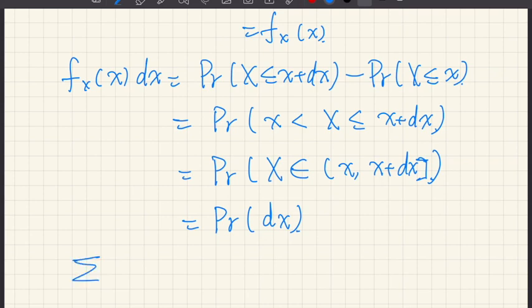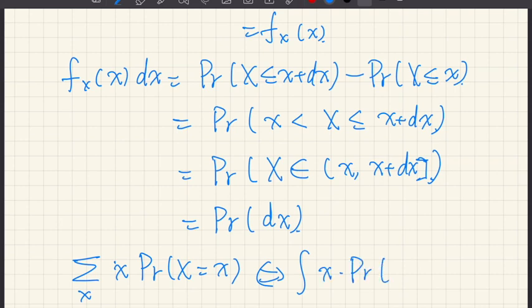So in the discrete case, we have x times the probability that X is equal to x, and on the other hand, we have the integral of x times the probability that X is in this interval.